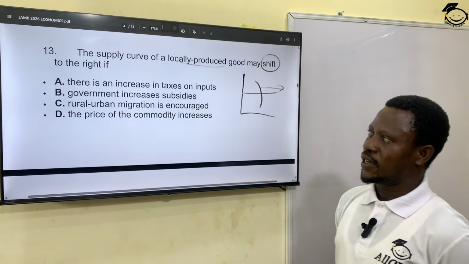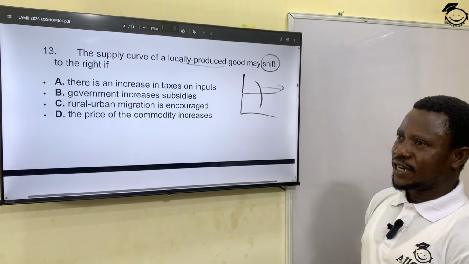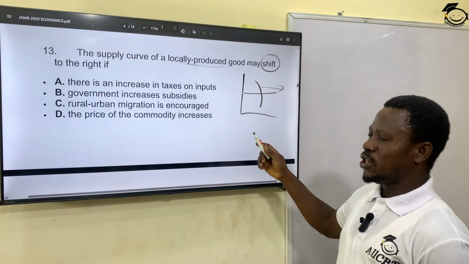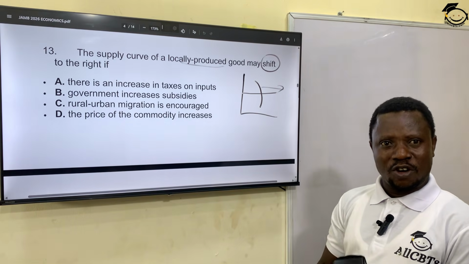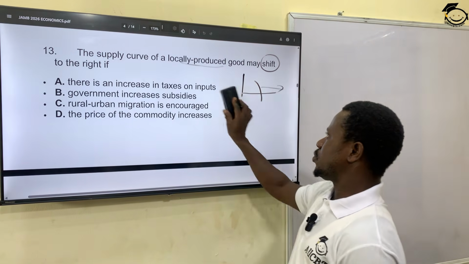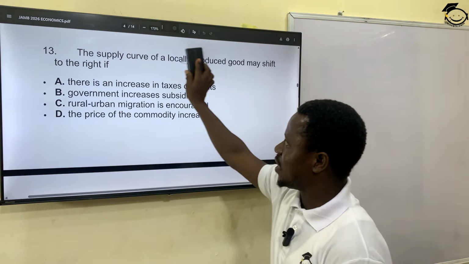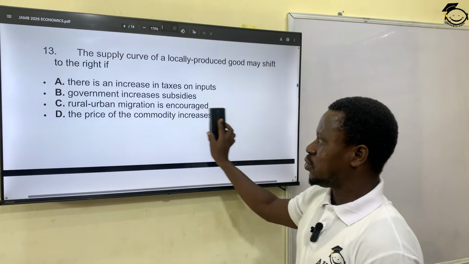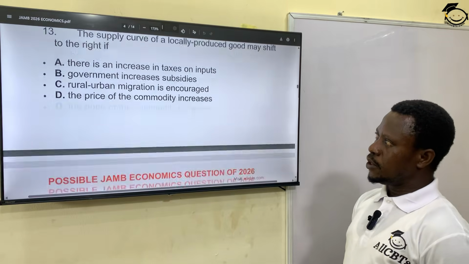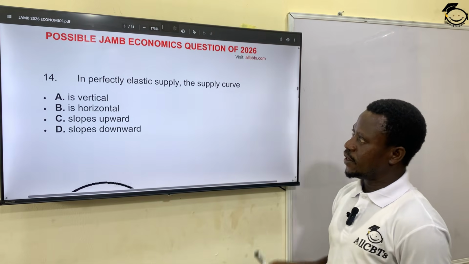The most correct answer here is B. When government increases subsidies for the producers or suppliers, it will cushion the effect of their cost of production. By so doing, they are encouraged to supply more to the market. And government is targeting having those products available to satisfy the larger community, the consumers. So B was the answer.